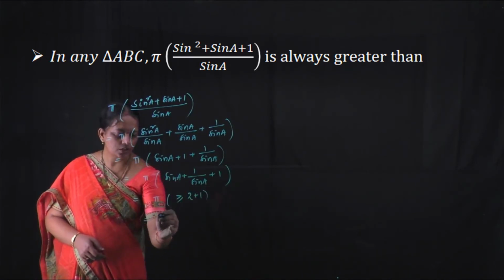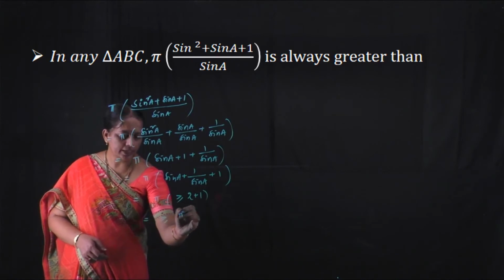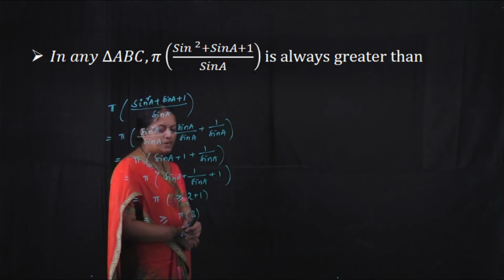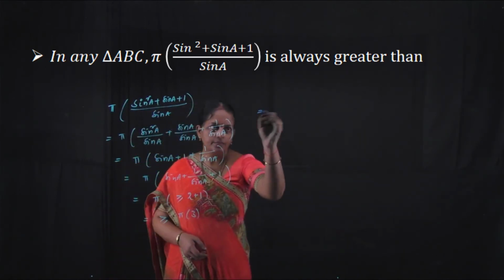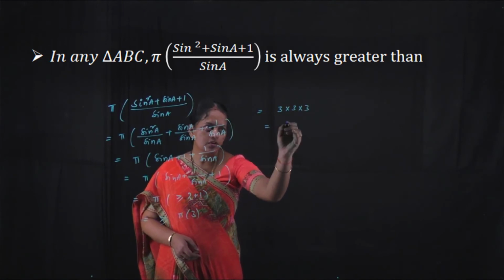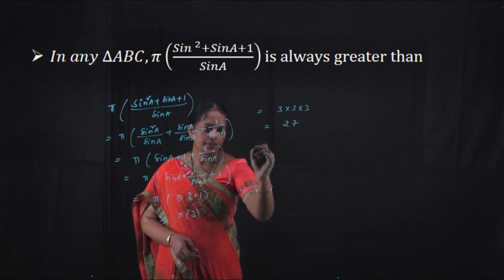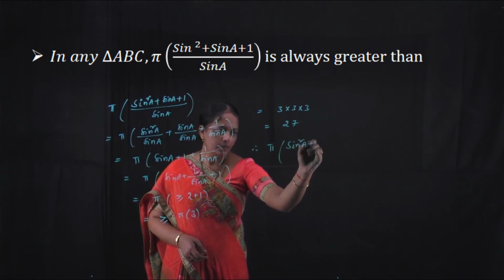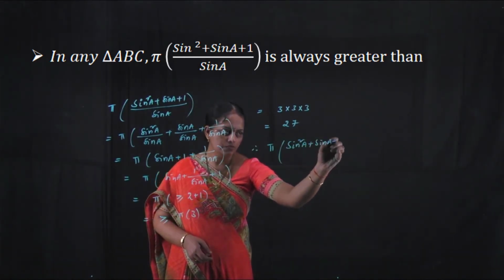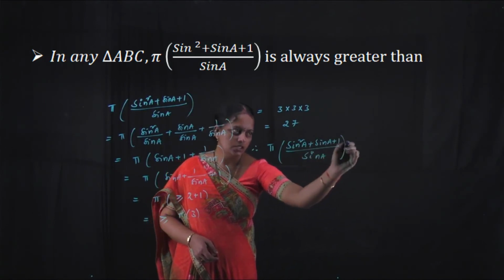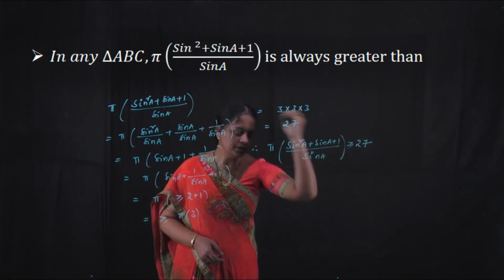This is greater than or equal to pi of 3. Pi is the symbol for multiplication, so it can be written as 3 into 3 into 3. So this is equal to 27. Therefore, pi of sine square A plus sine A plus 1 by sine A is always greater than or equal to 27.